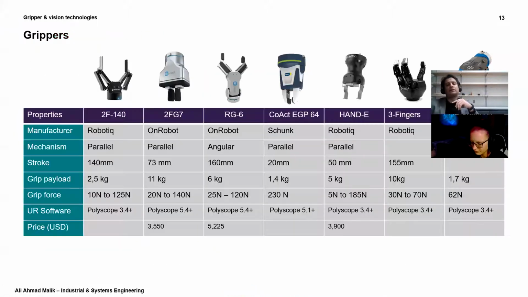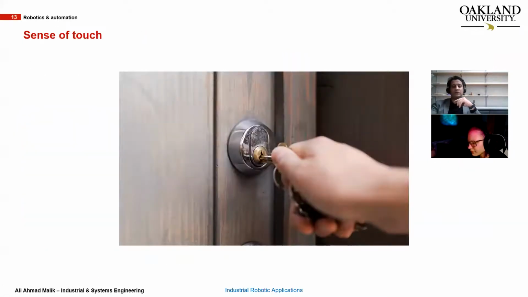Yes, then as I said, we humans know how to pick components, and at the same time we also have an ability that when we are picking some component or performing some task, we adjust our hands or fingers or apply the right forces to perform that task.